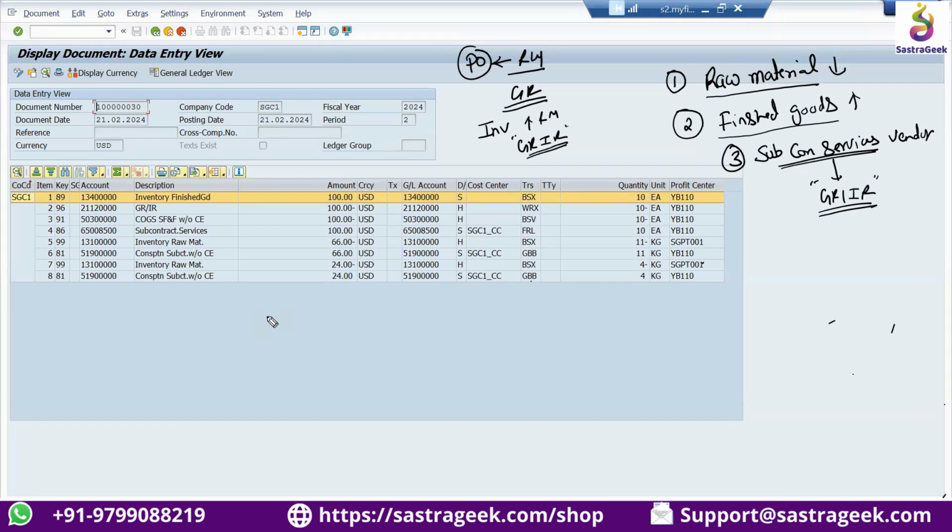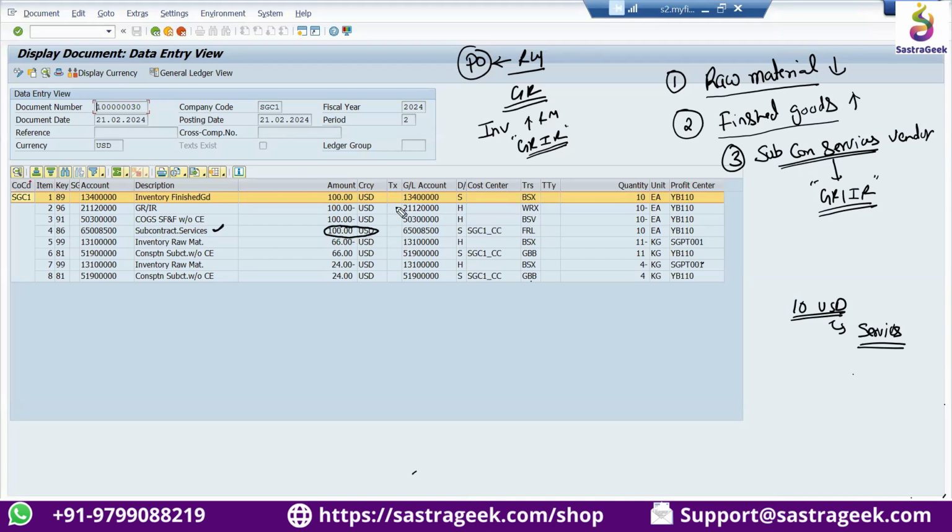Now, first thing, the amount which we have put into the purchase order. We put that this would be the 10 US dollar. That 10 US dollar is not the amount for the material. The amount which we put in the PO is the amount which we need to pay for the vendor services. So we have a subcontractor services account which got hit. That is 100 US dollar.